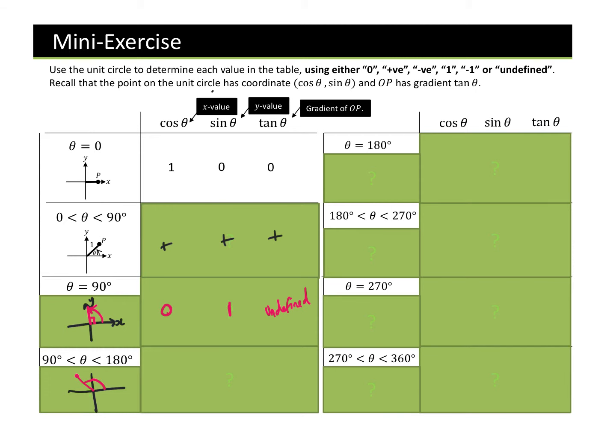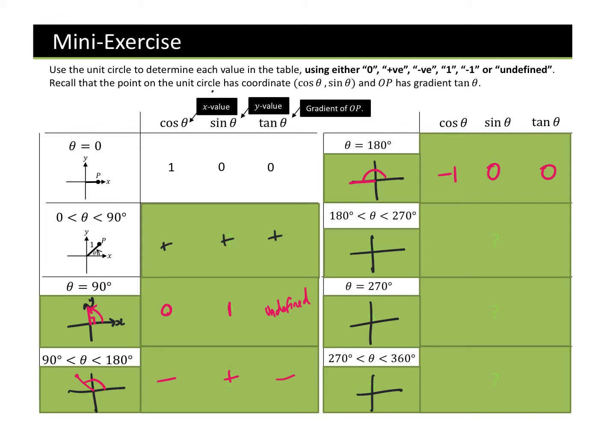Now, in this section, we know that our cos is negative and our sine is positive and our tan is negative. Moving on, when theta is 180 degrees, we know it's going to come here because this is 180 degrees. And our cos is -1, sine is 0, and our tan is 0.